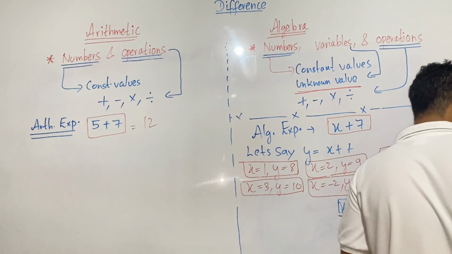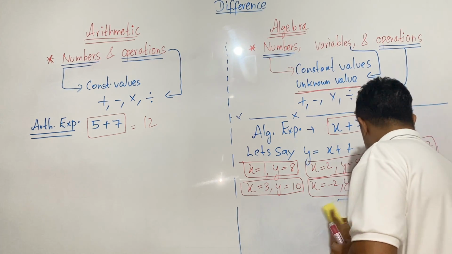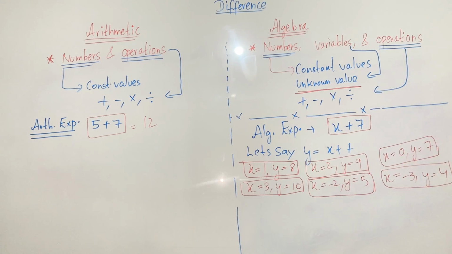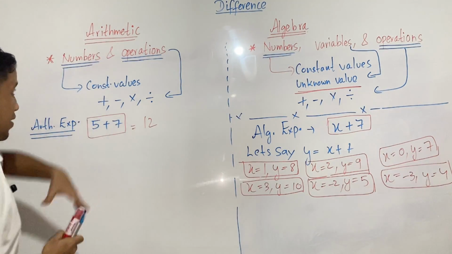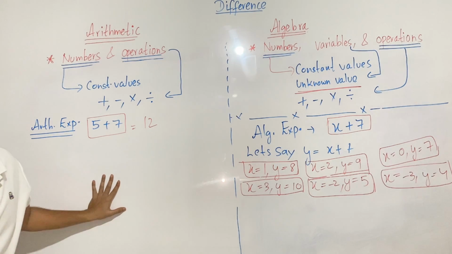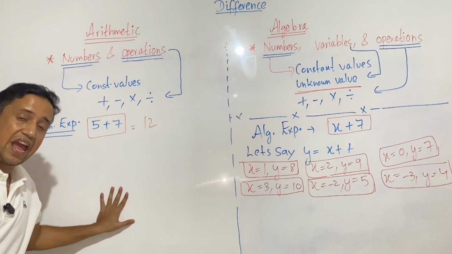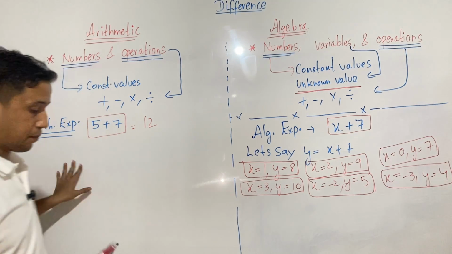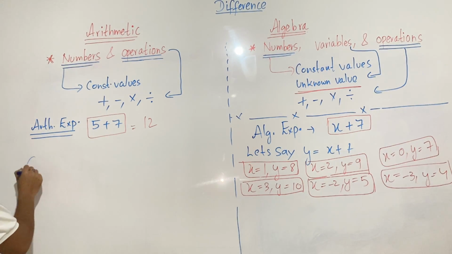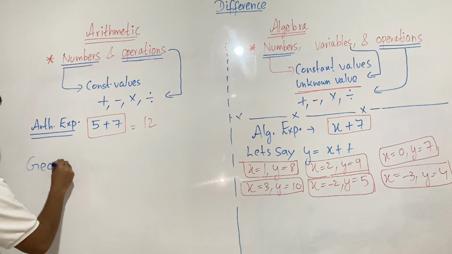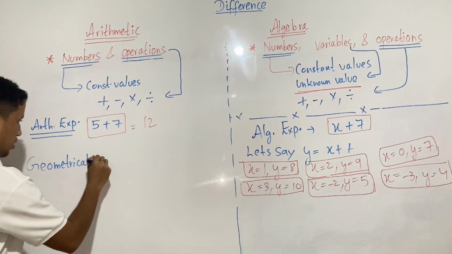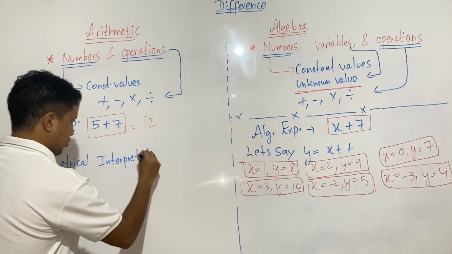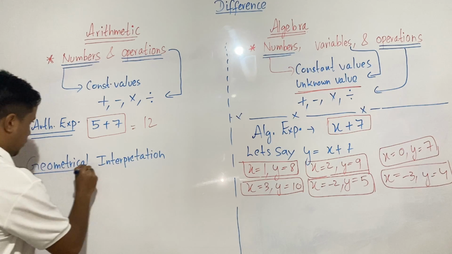There is one more difference. For arithmetic expressions, we do not have any geometrical interpretation. What does it mean?